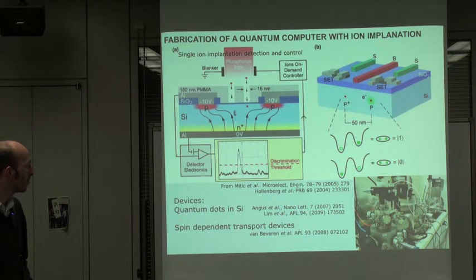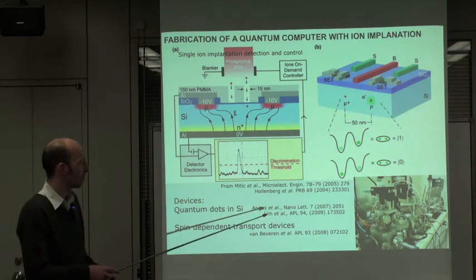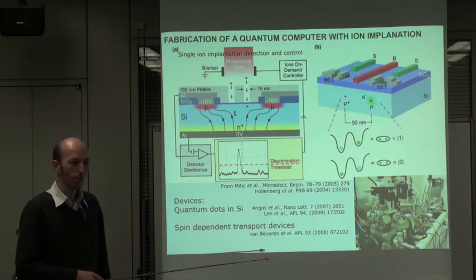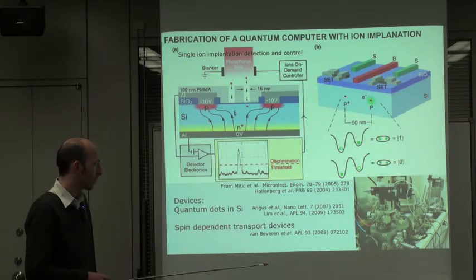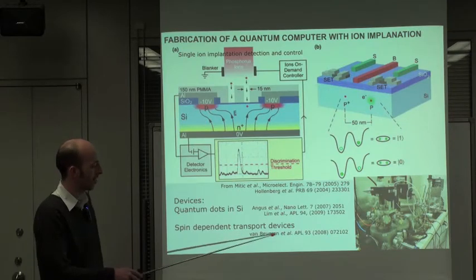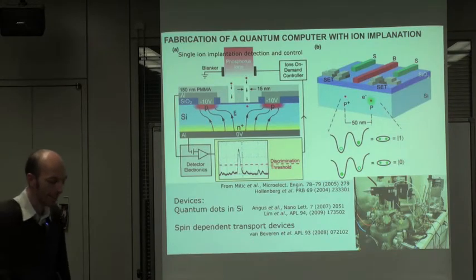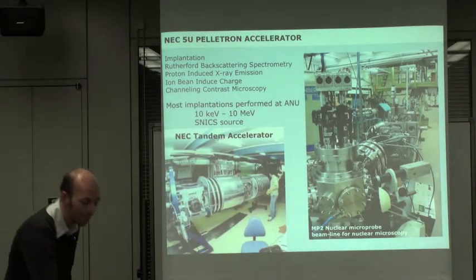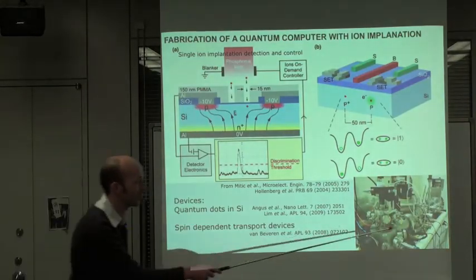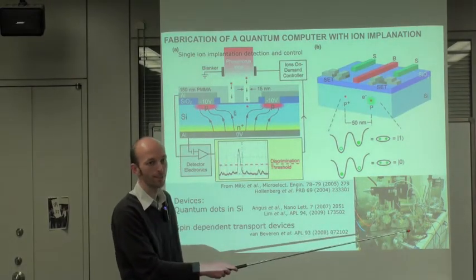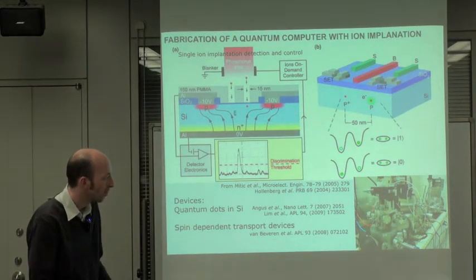Some of the devices that have come out of the center have been some silicon quantum dots, and the spin-dependent transport devices. That's ADMR, which I'll talk about later. This is the colutron, by the way, that we use for the phosphorus implantation.